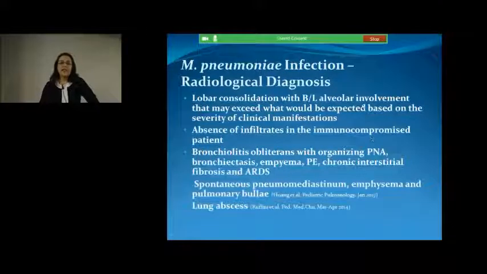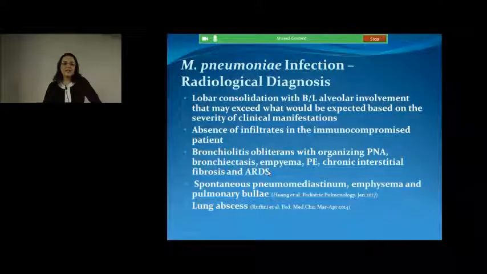Lobar consolidation with bilateral alveolar involvement may be present and may exceed what would be expected based on the severity of the clinical manifestations. The absence of infiltrates may occur in immunocompromised patients. Mycoplasma has been associated with development of bronchiolitis obliterans and organizing pneumonia, bronchiectasis, lung abscess, and empyemas.